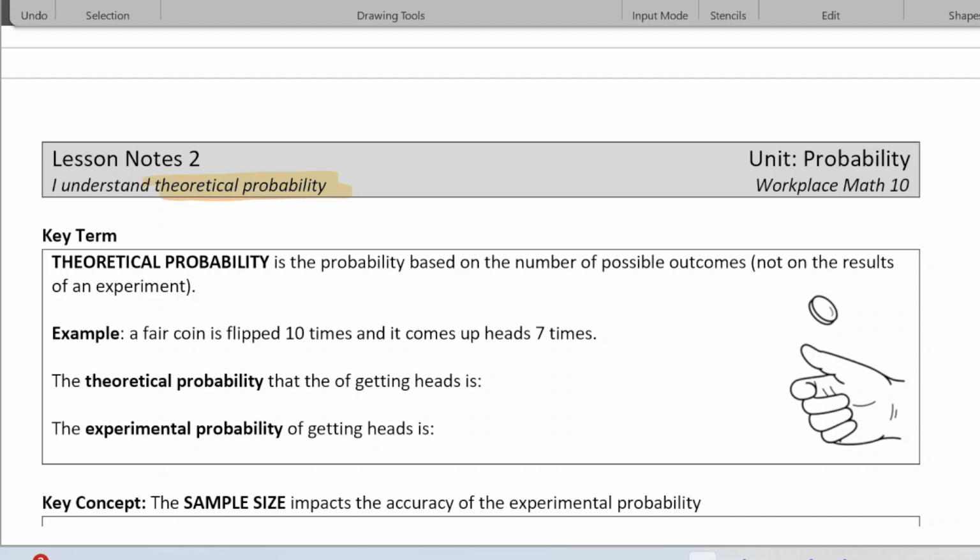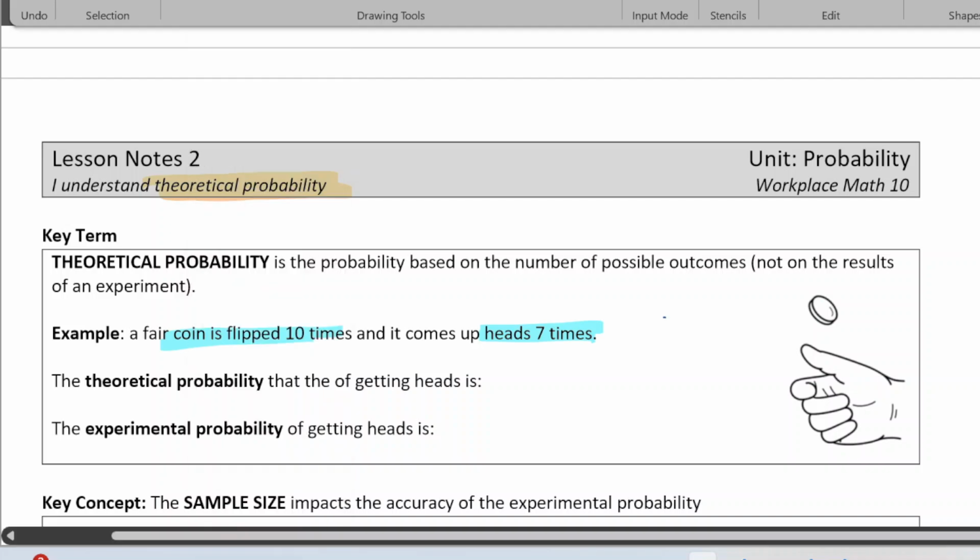Okay, so let's look at an example here. It says a fair coin is flipped 10 times and it comes up heads 7 times. I'm just going to highlight those two numbers. The theoretical probability of getting heads is what we'd expect to happen. So how we calculate that is we just say the total number of things that can happen, which is 2.